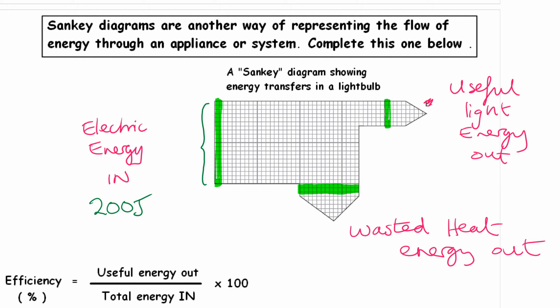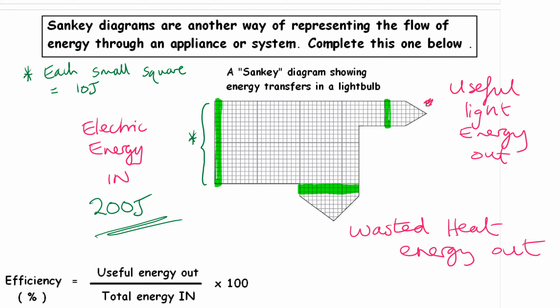So each small square equals 10 joules. 10, 20, 30, 40, 50, 60, 70, 80, 90, 100 joules. 110, 20, 30, 40, 50, 60, 70, 80, 90, 100. 100 plus 100 is 200 joules.